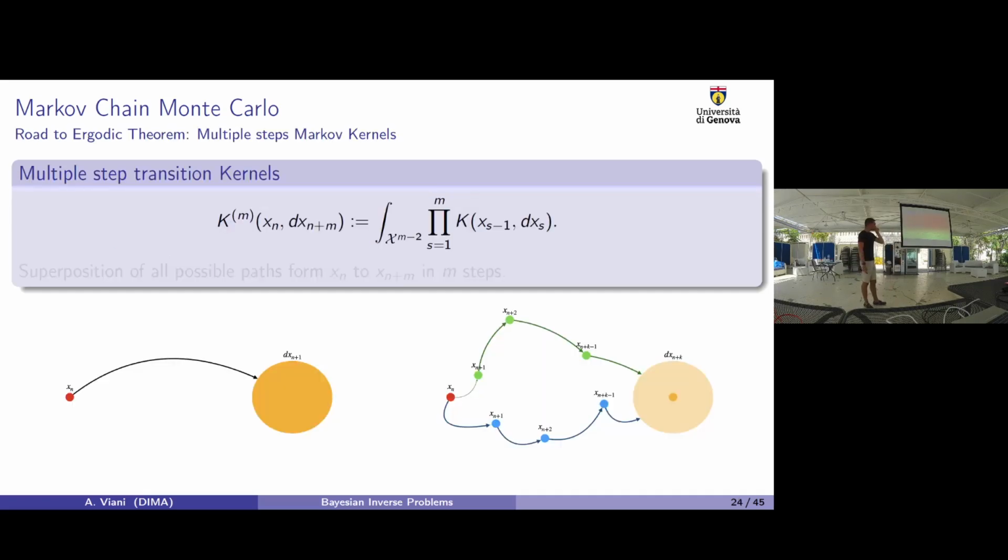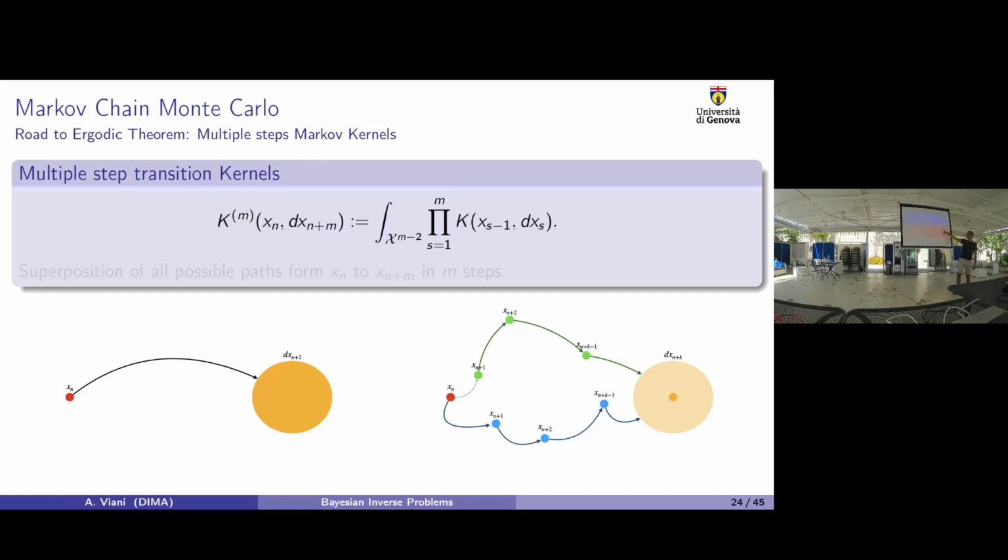Of course, we are using kernels that move with only one step, because we are moving from xn to xn plus 1, or x to x prime. But we can also move with multiple steps. So here we define what is called a multiple step transition kernel that tells us the probability of being in xn and moving to xn plus k in k steps.